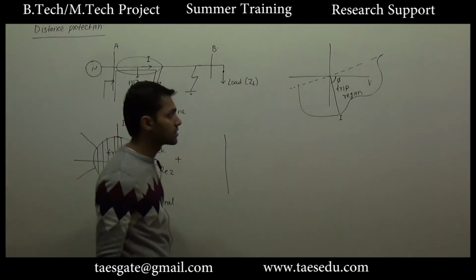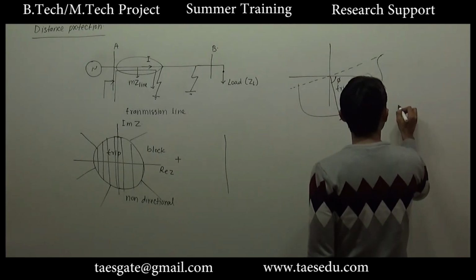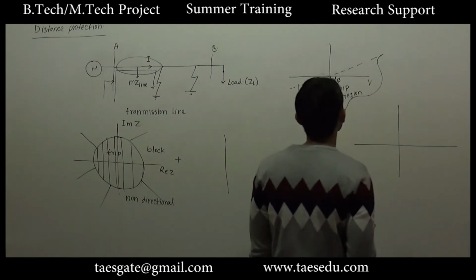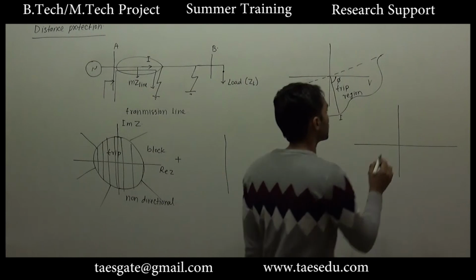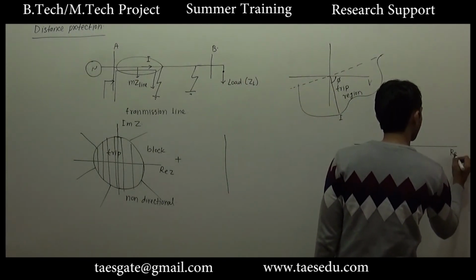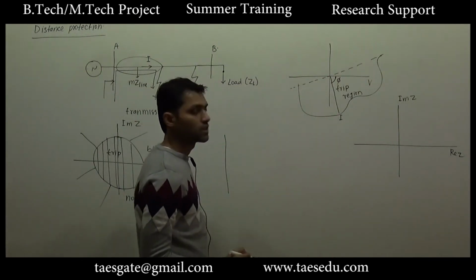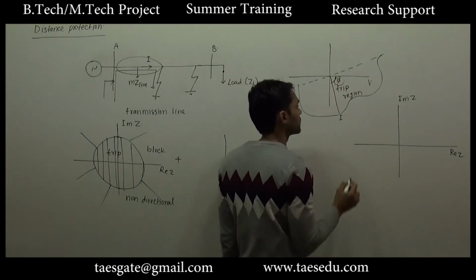So if we want to convert this diagram into an impedance diagram, in the impedance diagram here we will have the imaginary part of Z and the real part of Z, and the angle of Z will be the lag angle.